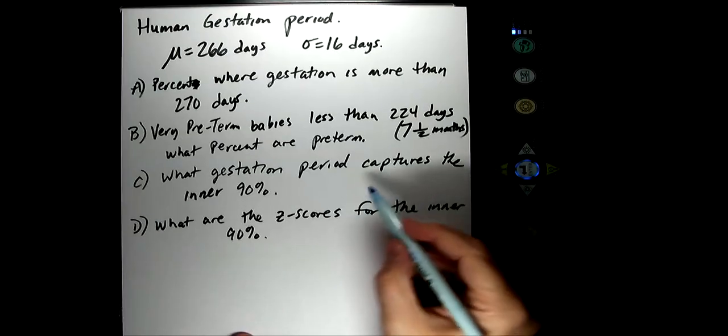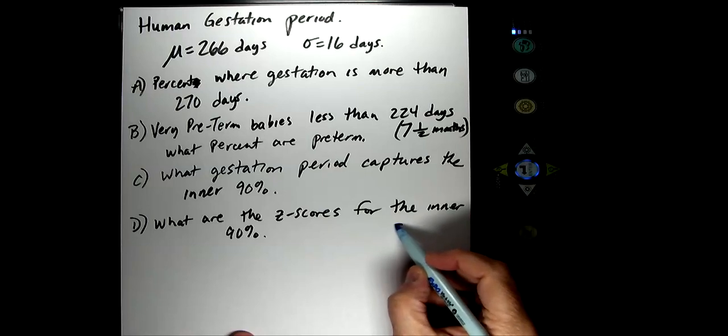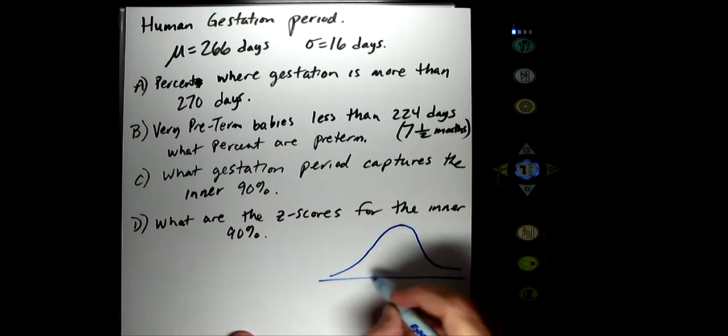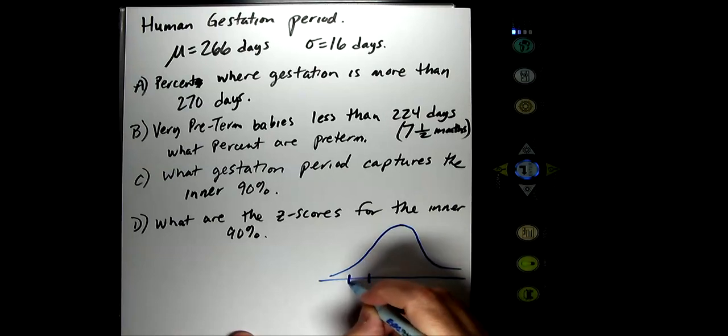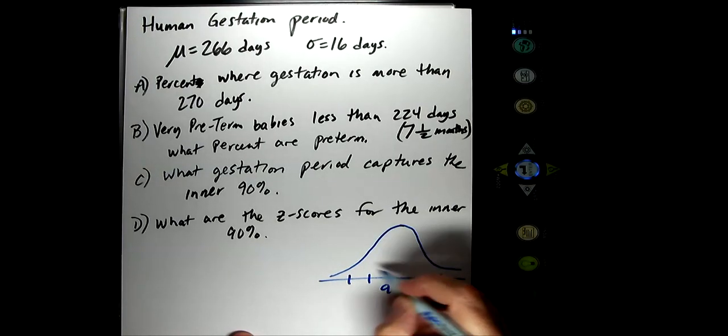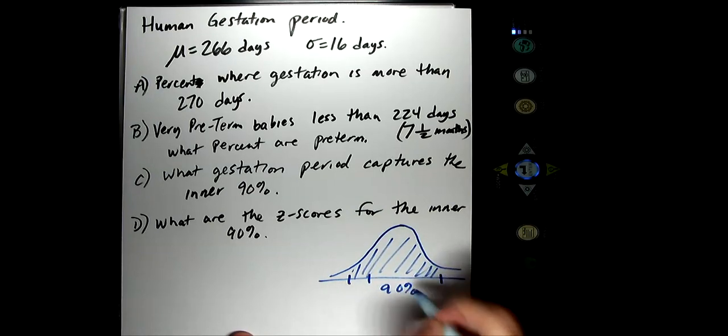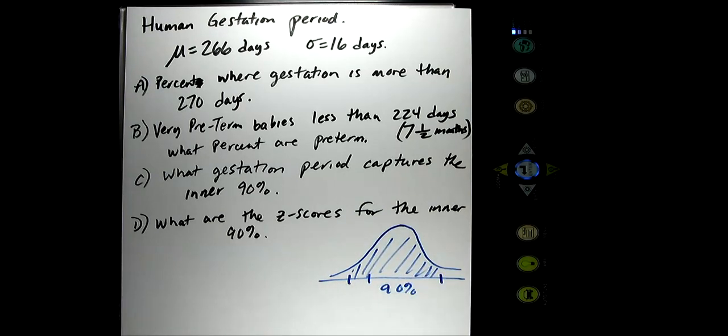I'm going to tell you right now on C, they're going to give us something like this. 90% is like here. But it will not be on a whole day, it'll have a decimal. We don't want 0.3 days, so we want to round to the appropriate day.